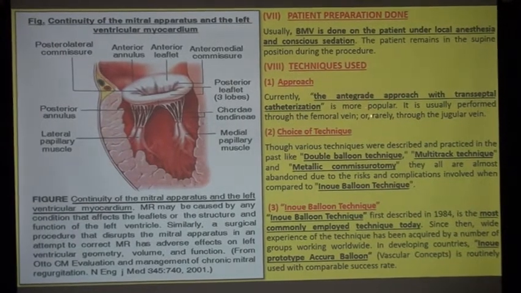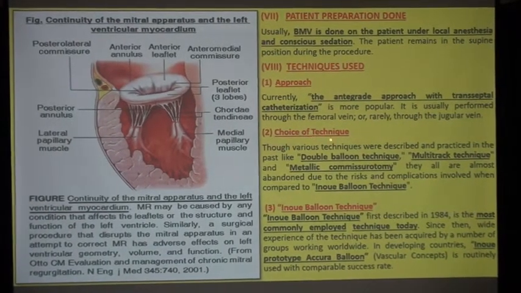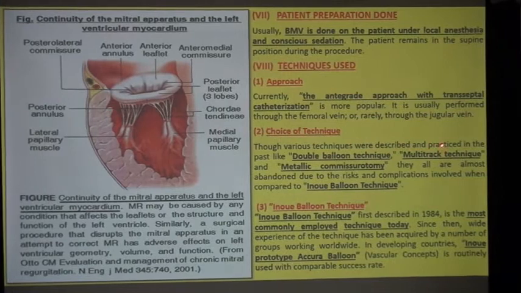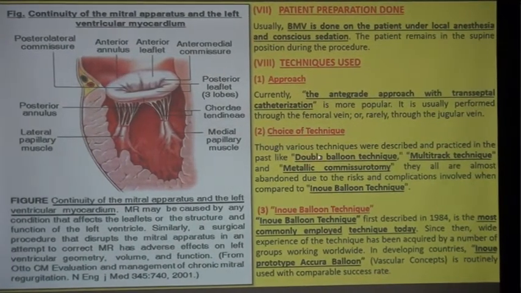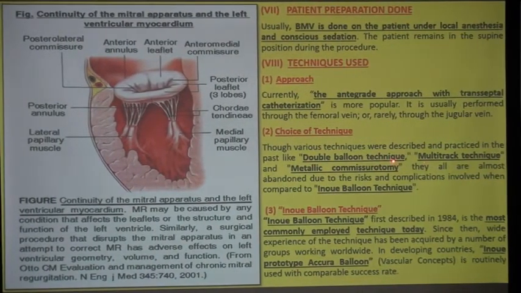Now, the choice of technique: though various techniques were described and practiced in the past, like double balloon technique, multi-track technique, and metallic commissurotomy, they are all almost abandoned due to risk and complications involved when compared to the Inoue balloon technique.